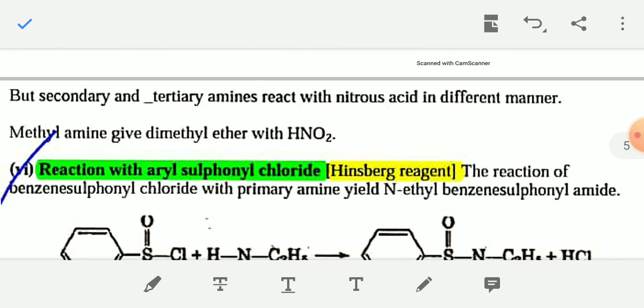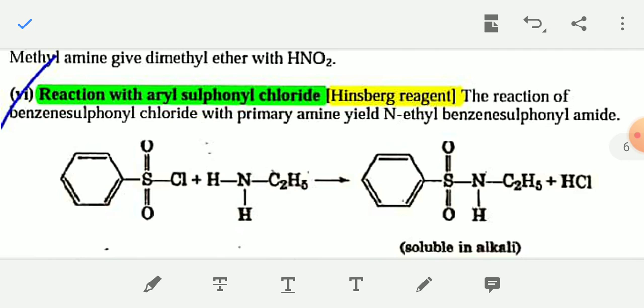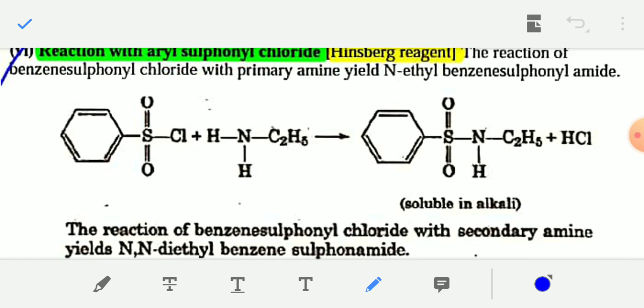But secondary and tertiary amines react with nitrous acid in a different manner. Next, reaction with aryl sulfonyl chloride, that is benzene sulfonyl chloride. The formula and structure of benzene sulfonyl chloride are given here: benzene ring, S double bond O, Cl.